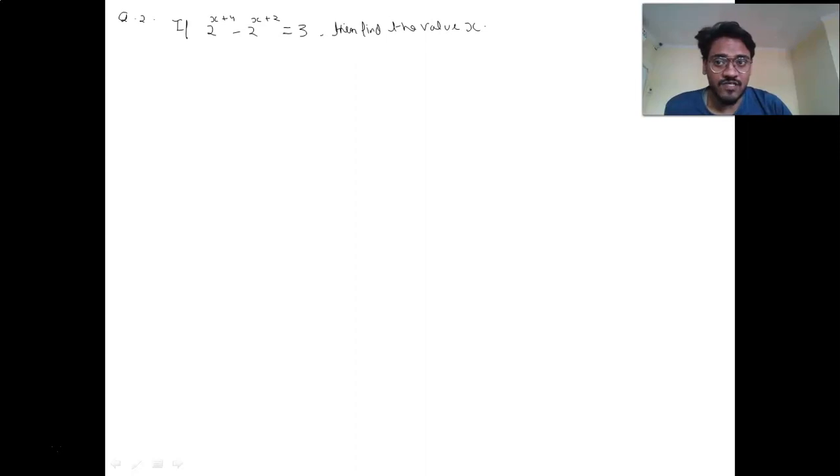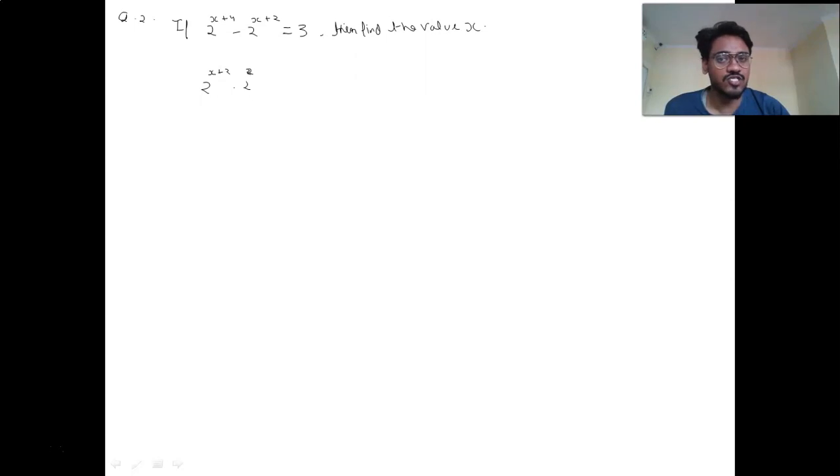Here in the first term it's 2 raised to the power x plus 4, and in the second term it's 2 raised to the power x plus 2. Now which one is smaller, x plus 4 or x plus 2? X plus 2. Okay, so first of all I'll be breaking this x plus 4 in this form, x plus 2 into 2 square. See, if you multiply this, you will get the same result.